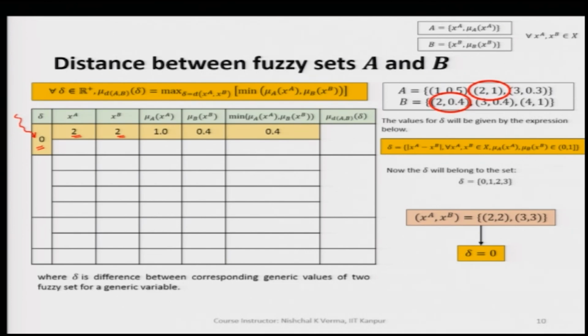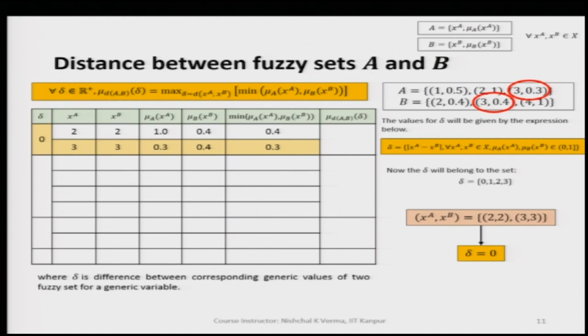We write 3, 3 as x_a and x_b here. Let us now understand how we are getting these values of x_a and x_b for which delta is equal to 0.